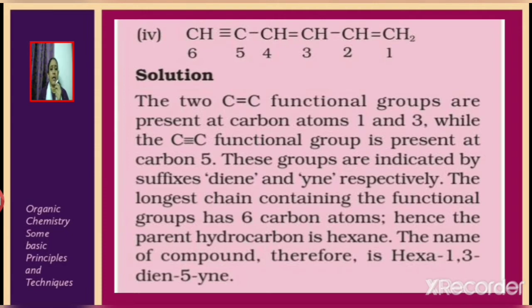These groups are indicated by suffixes diene and yne respectively. The longest chain containing the functional groups has 6 carbon atoms. Hence the parent hydrocarbon is hexane. Therefore the IUPAC name of the compound is hexa-1,3-diene-5-yne.